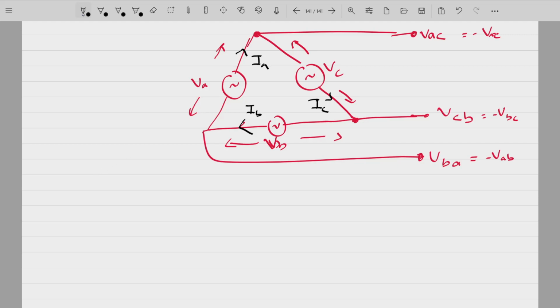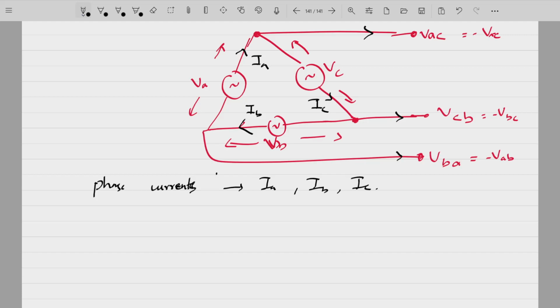So simply put, from the delta, you can see that these three currents in three different phases are known as phase currents. Then there will be current in these three lines as well.